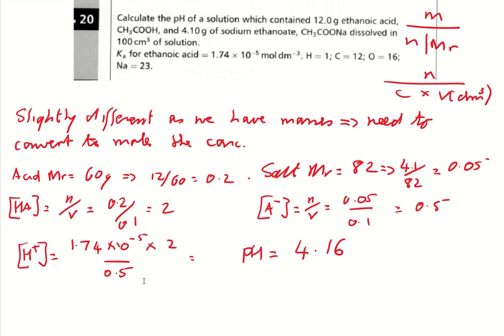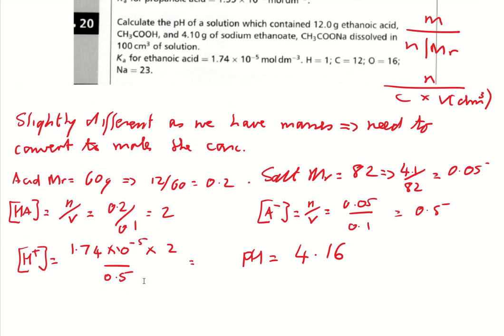Okay. So the difference in this one is that we now have 12 grams of ethanoic acid and 4.1 grams of the sodium ethanoate. We've been given the Ka, so we don't need to convert pKa to Ka.